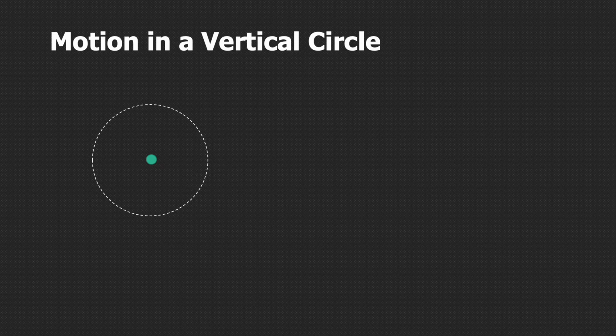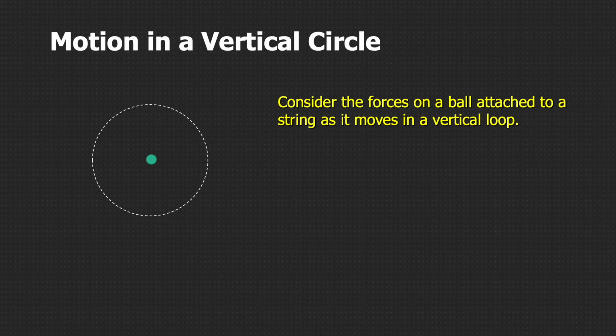Now, uniform circular motion doesn't only happen in horizontal circles, but it is also applicable to vertical circles. For instance, this is a vertical circle which is centered at this point. Now consider the forces on a ball.